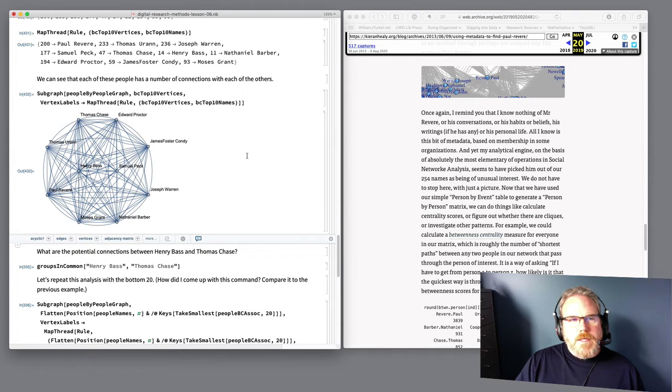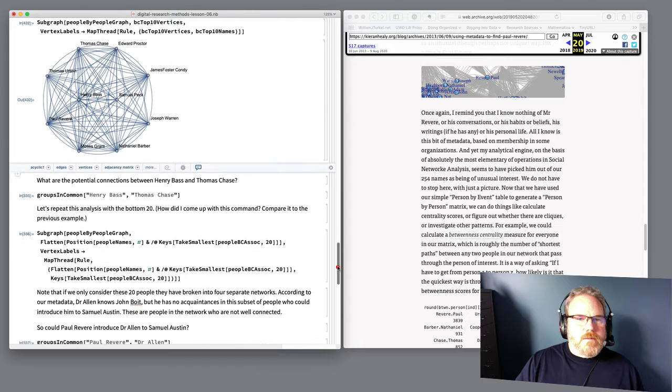When we look at those people with the top betweenness centrality, we see that not only are they often the people who are on a path from one person to another, but they also have a large number of connections with one another. So they're very densely connected with one another, as well as being central in the graph in this betweenness centrality sense.